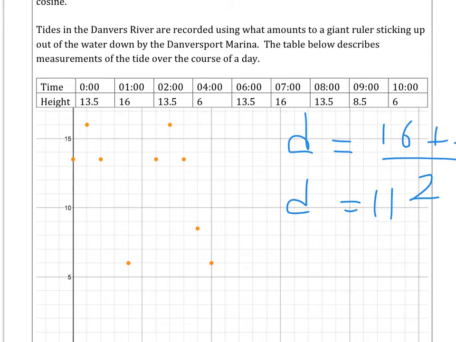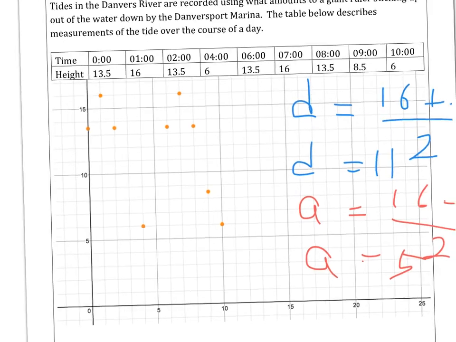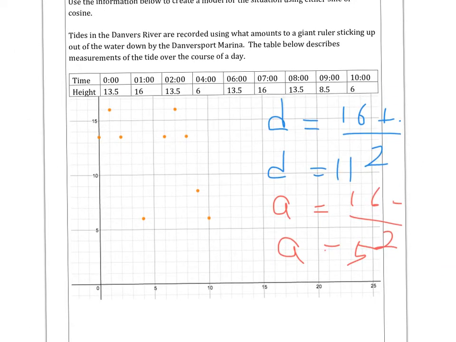My next thing I'll look for is my amplitude. And instead of adding these, I'm going to subtract them. So 16 minus 6 is 10 divided by 2. A is equal to 5. My period, I'm going to go for max to max. So from the 16 value to the 16 value.